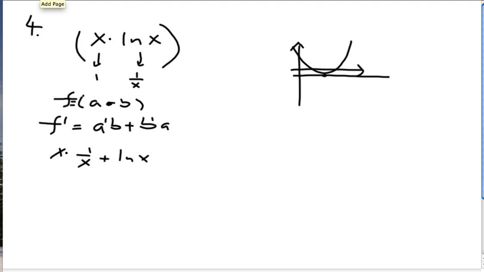So x times 1 over x plus ln x times 1. So what you get is 1 plus ln x. What we can tell right now is it's asking for the minimum.